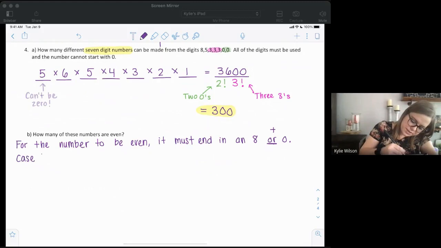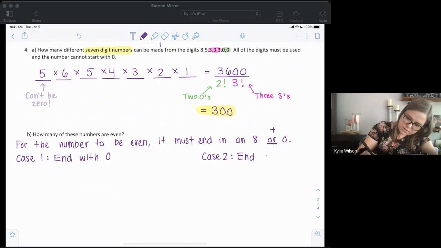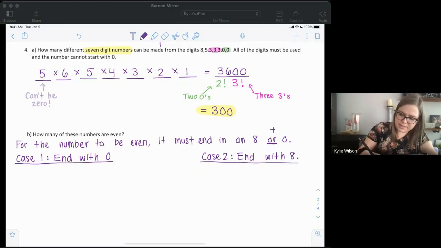The first case is when we end with 0, and then we'll do case 2 after, where we end with an 8. So let's figure out how many ways we can work with these 2 cases.